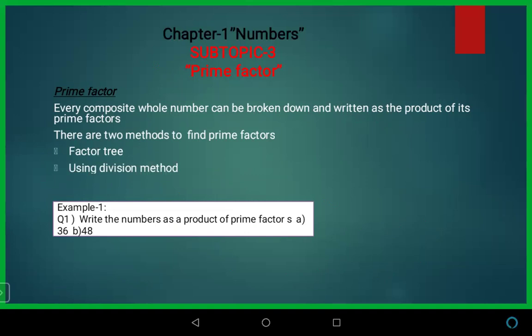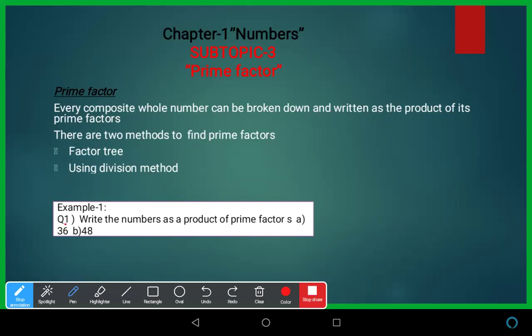Okay, so now we have one example. First I will solve 36: write the number as a product of prime factors. I am solving using the tree method. 6 times 6 is 36. That's how we make the tree. Now 2 times 3 is 6, and 2 times 3 is 6.